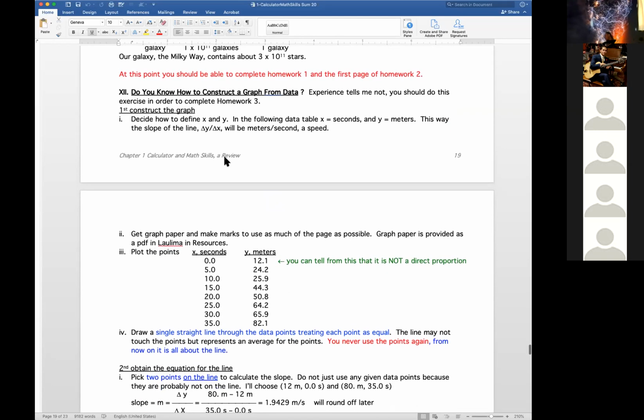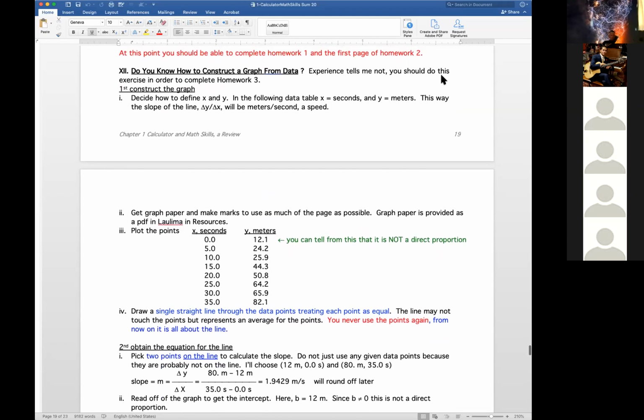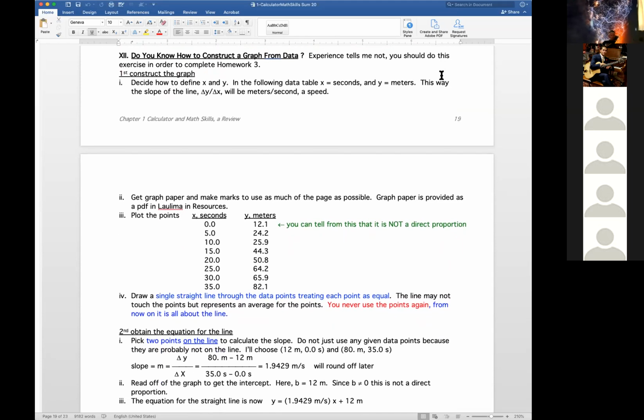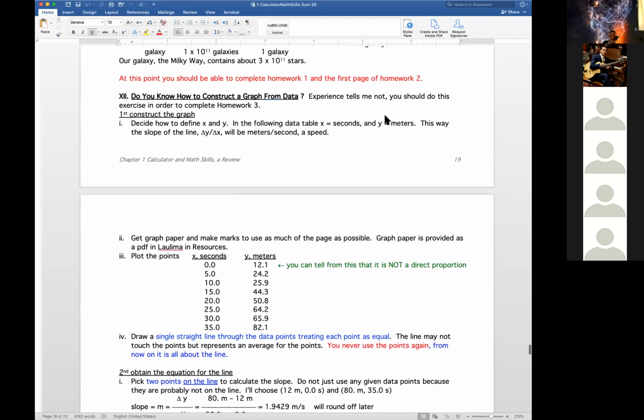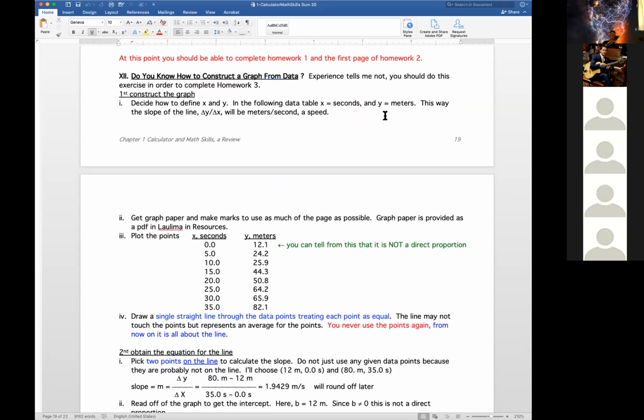Right now, you should be able to do homework 1 and the first page of homework 2. Any questions so far? Homework 1 and homework 2, is that in the resources page of La Lima? Yes, it is.